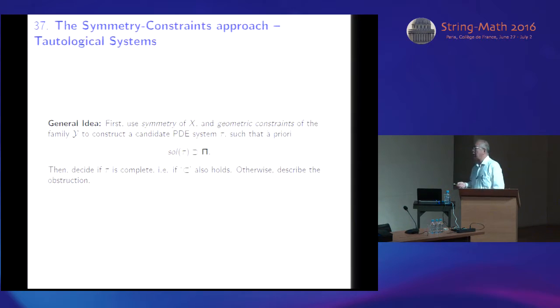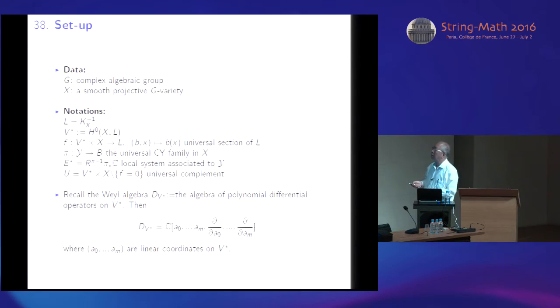And we want to decide under what condition tau is complete. In other words, the solution space is exactly the period integrals. If we cannot prove that it's true, then we would like to know the obstruction. So this is the general setting we want to put up.